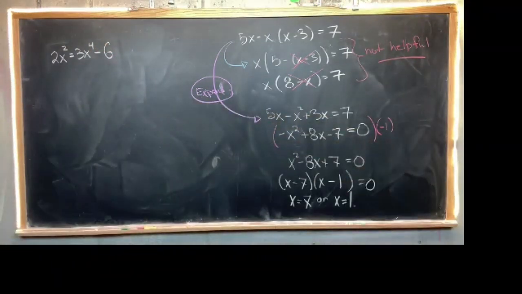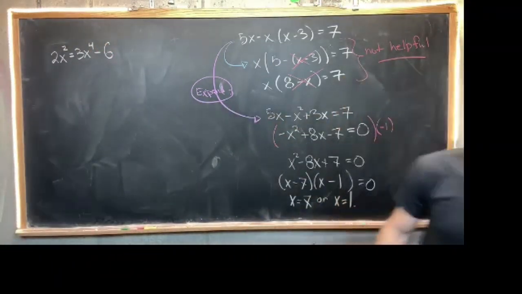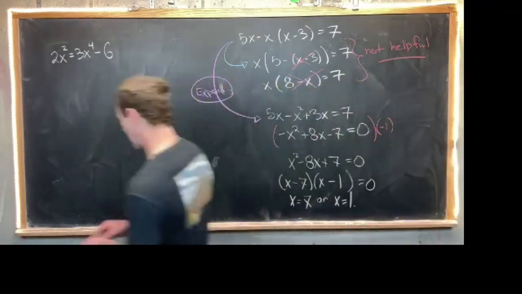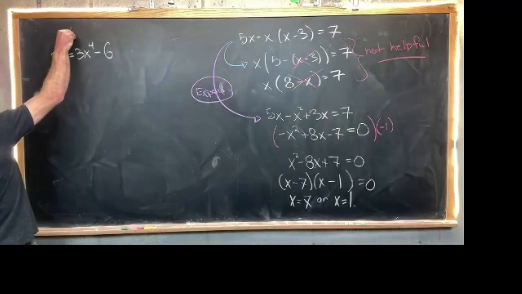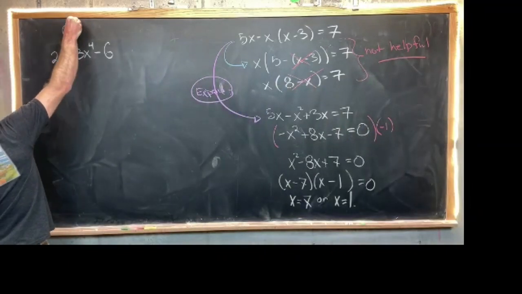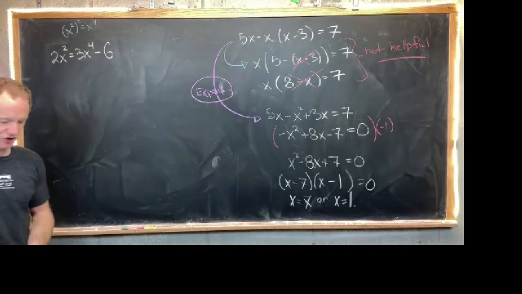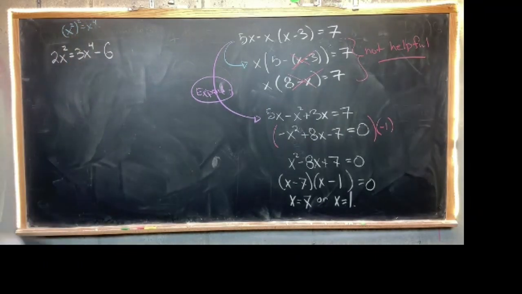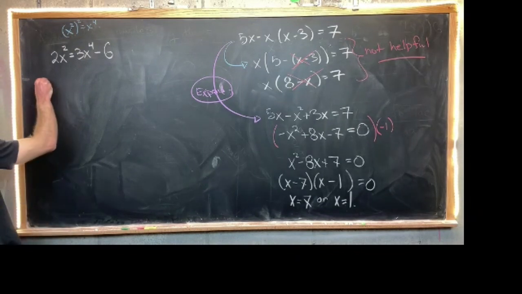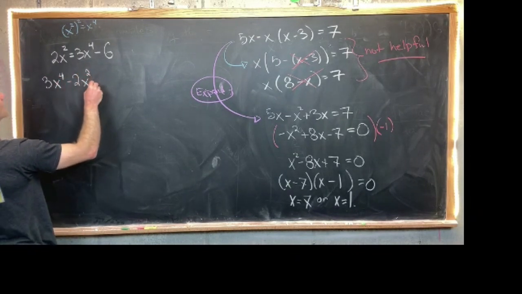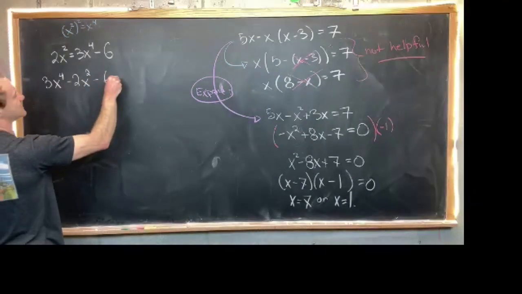So again, this is a quadratic equation that's kind of in hiding, because we can use the fact that x squared squared is x to the 4th. So it's really like a quadratic equation where our variable is x squared. So let's set this up so that it's equal to 0. So we have 3x to the 4th minus 2x squared minus 6 equals 0.